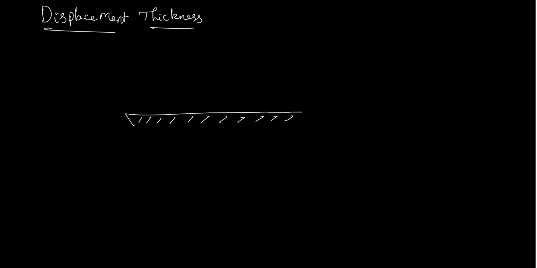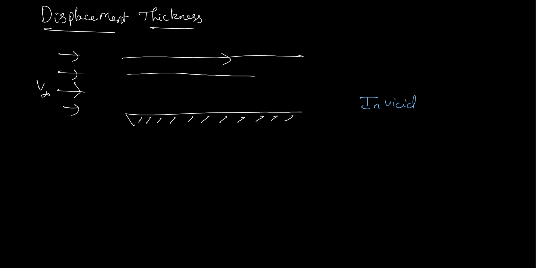Before I get to the velocity boundary layer, assume that initially it is an inviscid flow, meaning there are no boundary layers, and the free stream flow is uniform, with a velocity V infinity. So the flow over the flat plate will also be the same, since the flow is inviscid and there are no boundary layers.